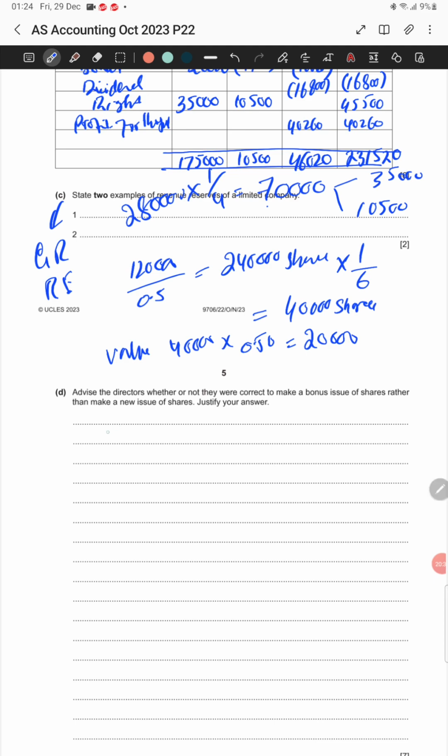For a bonus issue of shares, the points in favor are there will be no dilution of ownership, and it's the best use of capital reserves.